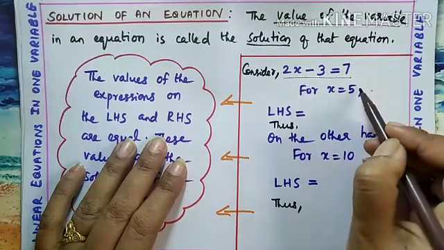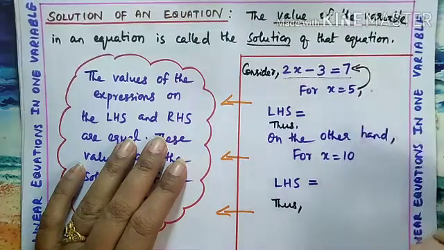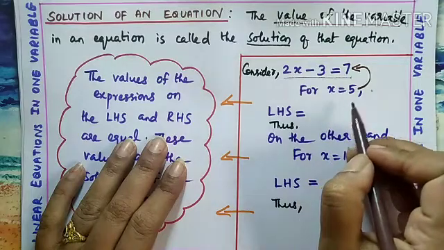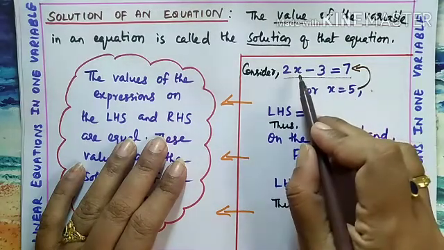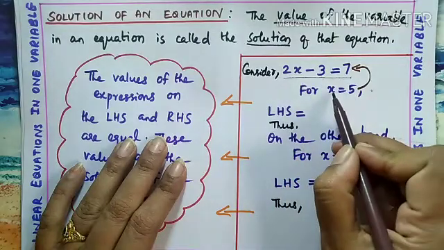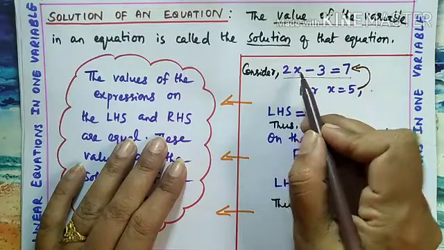So I am going to put this x equal to 5 in this equation. We are going to check whether 5 is the value of x. So you want to put this x value in this equation. We are going to substitute.